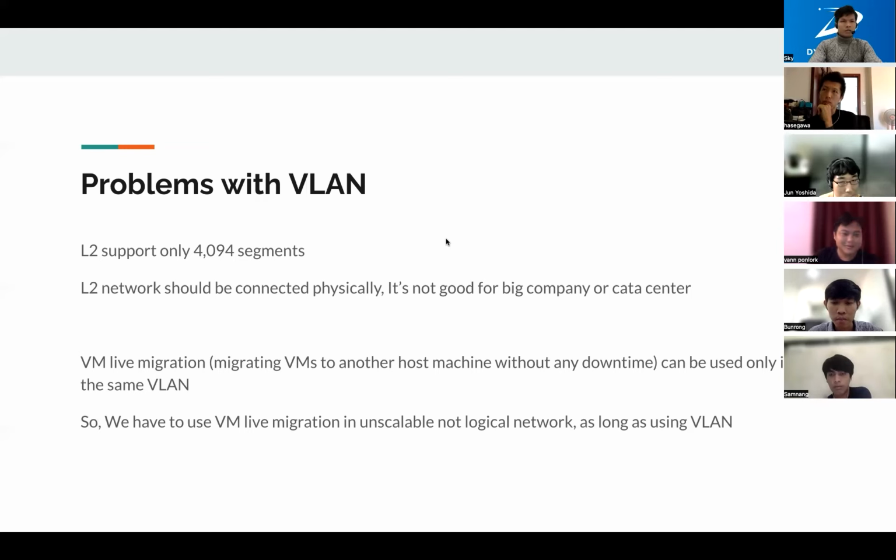Hello, Bernard. Just my idea, but we have L2 and L3 in OSI. L2 is the data link layer, which works on the switch, and L3 works on IP addresses. So this technology is applied everywhere. Mostly if we use VXLAN, it uses a layer 3 switch.